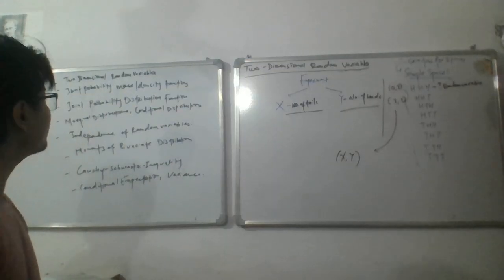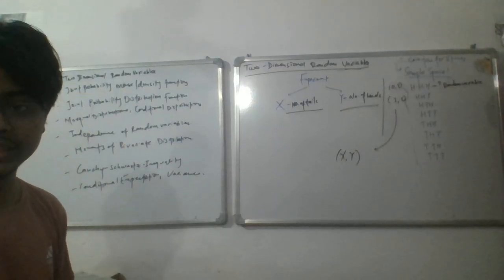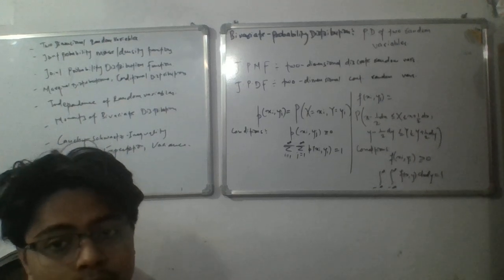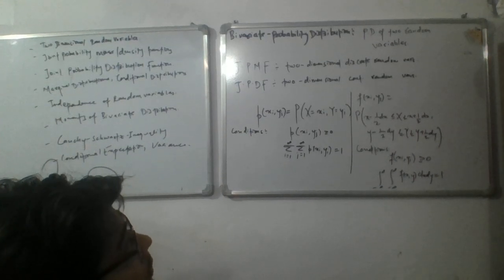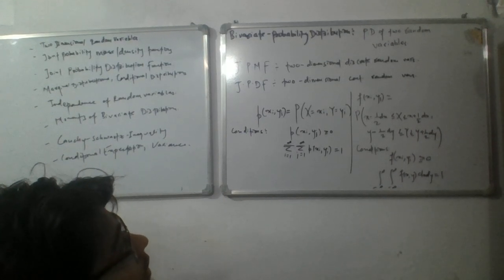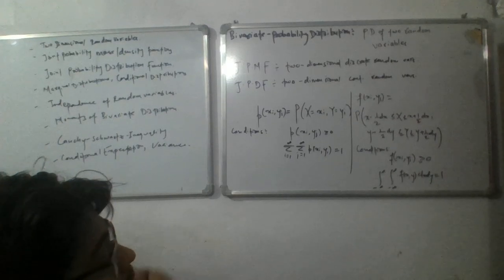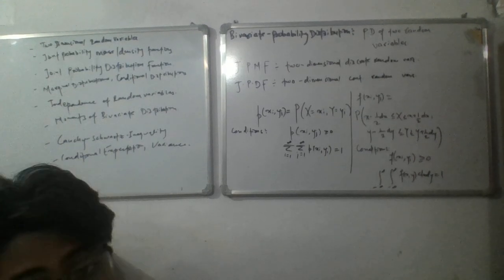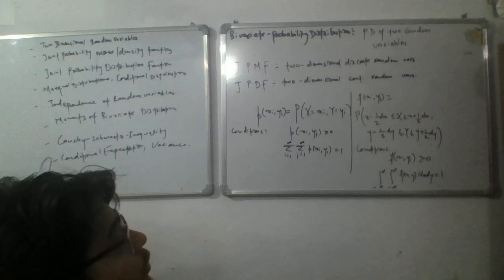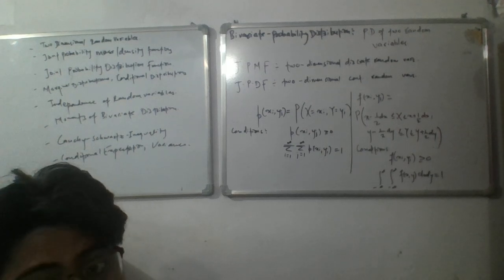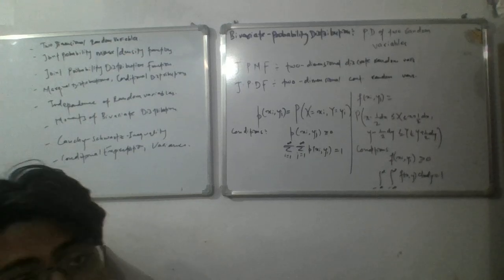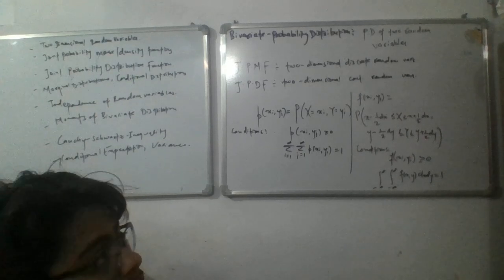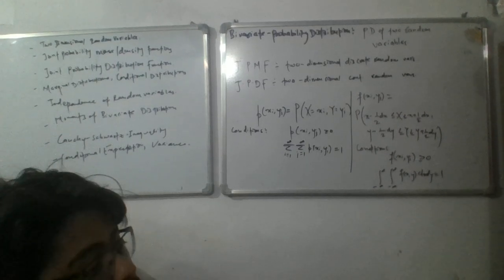Okay. Now let's go to the joint probability mass function or density function. So let's talk about bivariate probability distributions. A bivariate probability distribution means we have a probability distribution of two random variables. So if we consider the previous example of the coin toss, then let's suppose we get a random variable (x, y) equals (0, 3).